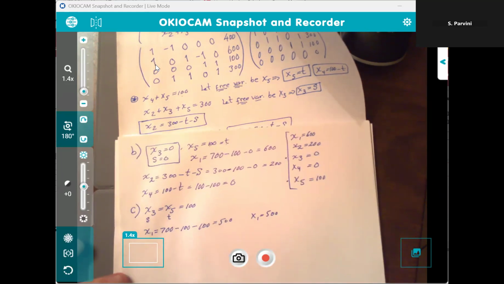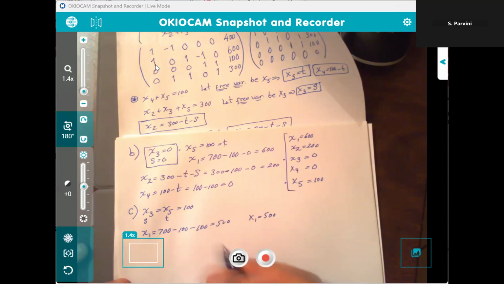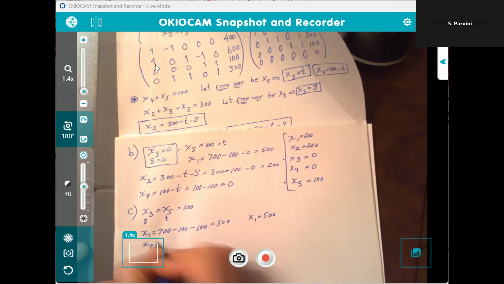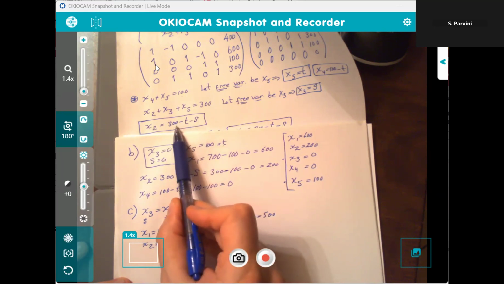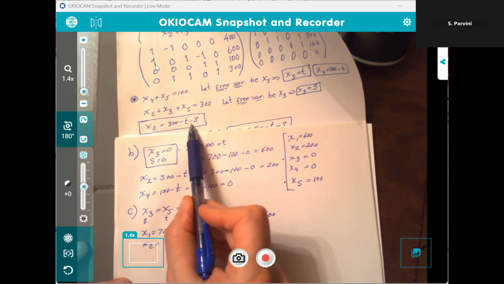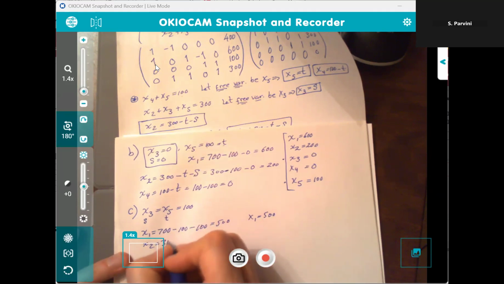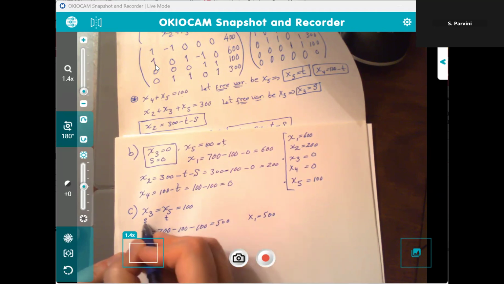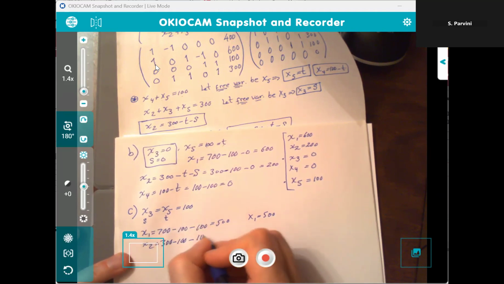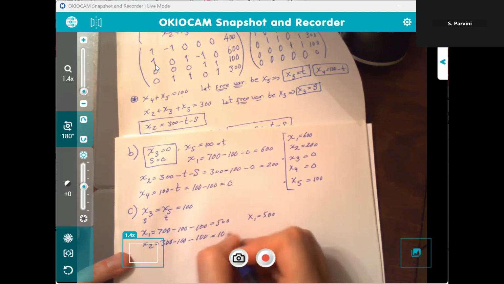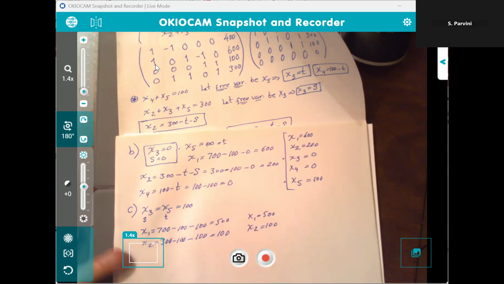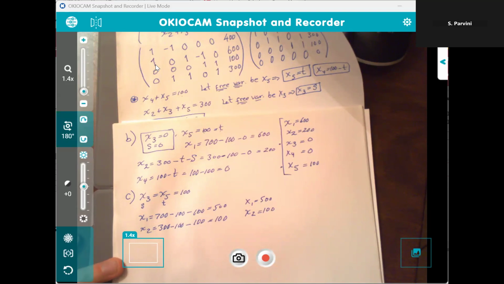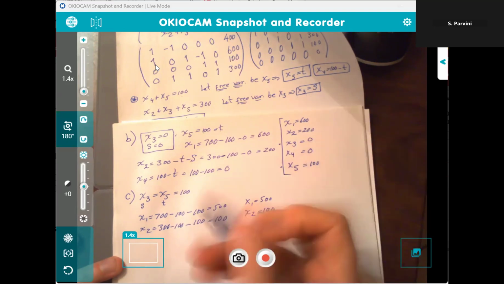Got x sub 1. Let's do x sub 2. X sub 2 is here. X sub 2 is 300 minus t minus s. So it's 300 minus t is 100, s is 100. That would make it 100. So x sub 2, 100. And now we are at x sub 3. That was given.